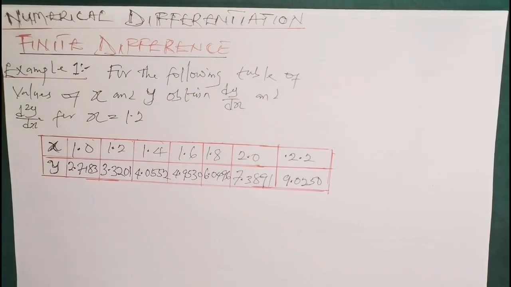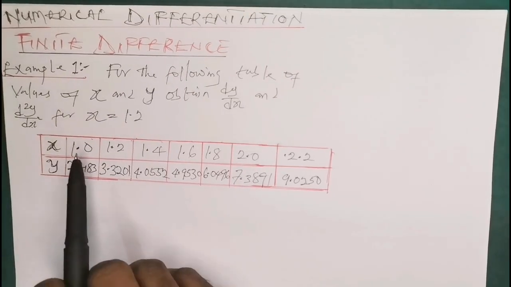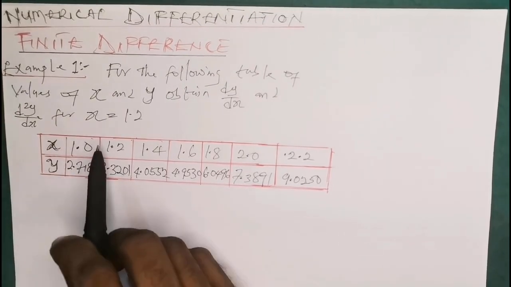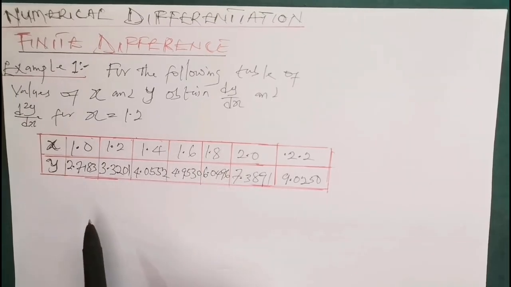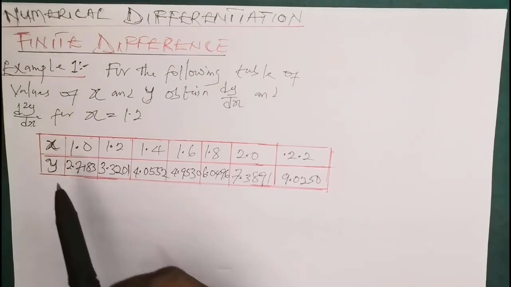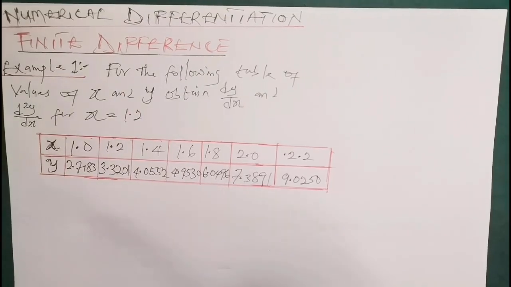So the first thing to do is to find what part of the table x lies in. If it lies at the forward part of the table, it means we are going to be using the forward difference approximation method. If 1.2 lies at the back of the table, it means we are going to be using the backward difference approximation method. But if it lies somewhere in the middle of the table, it means we are going to be using the central difference method.